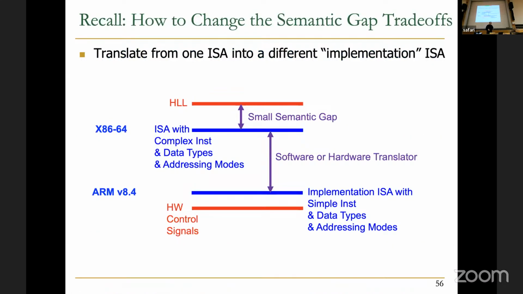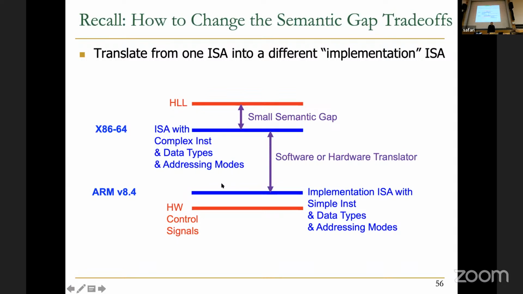So you can have something like compiling your code from HLL to a high-level ISA, which can be x86-64. Then, for example, the cores that you are going to use in your system are ARM cores, and ARM has a different ISA.